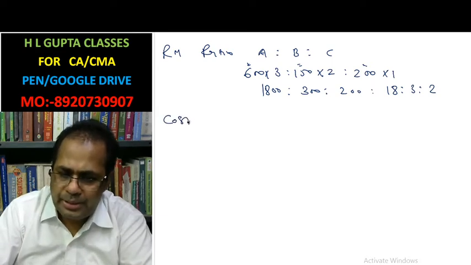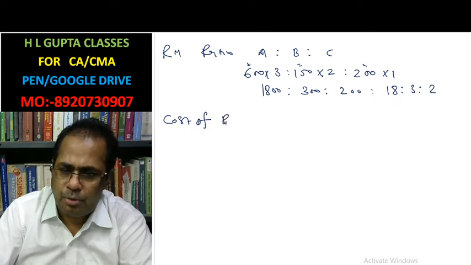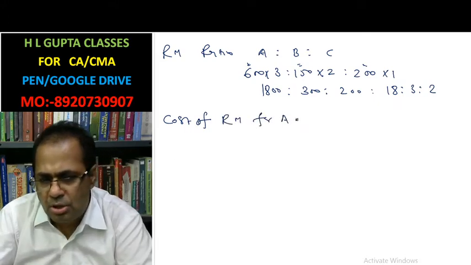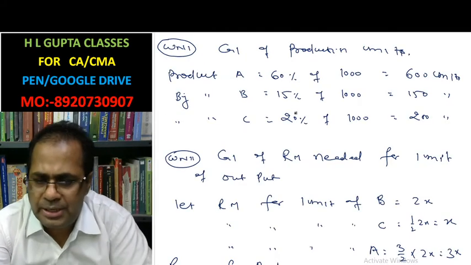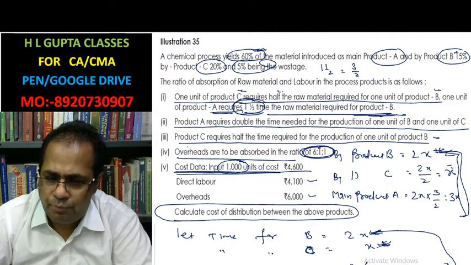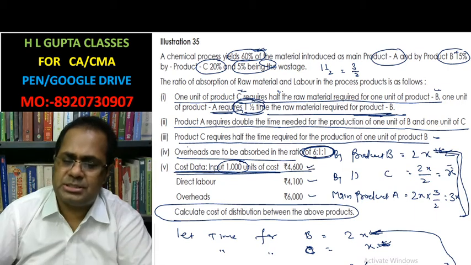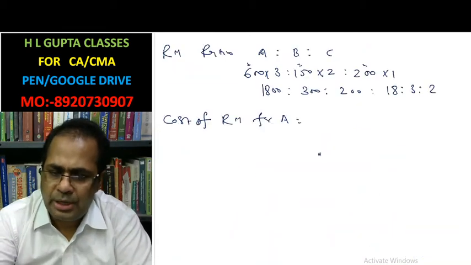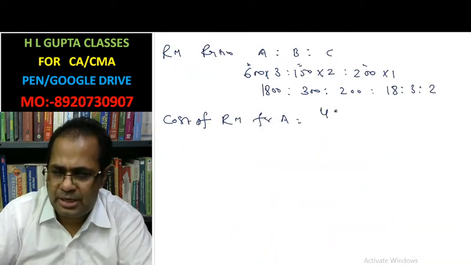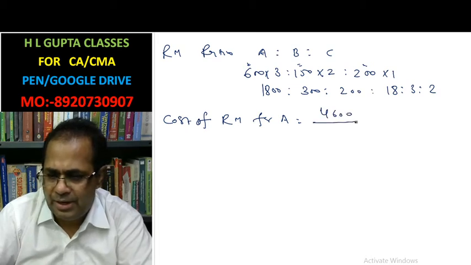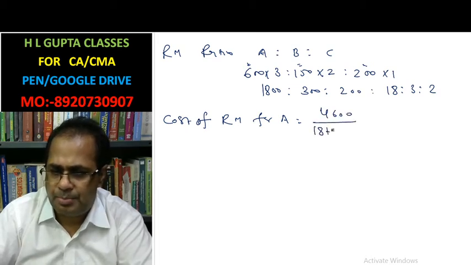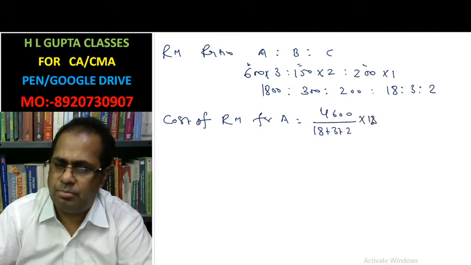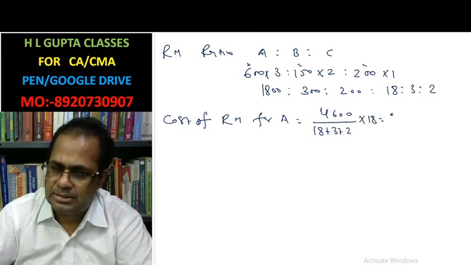Cost of raw material for A. What will be the cost? Total cost of raw material is 4600. Now you can calculate 4600 divided by 18 plus 3 plus 2, into 18.